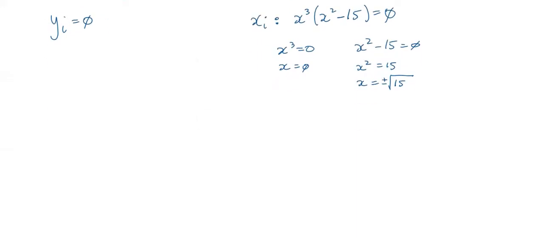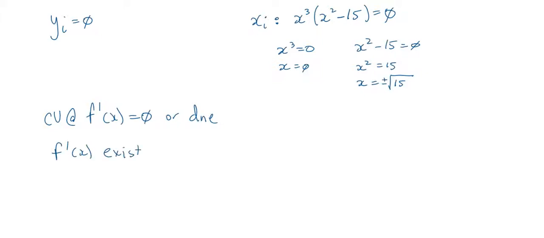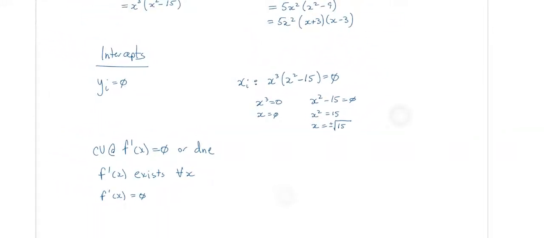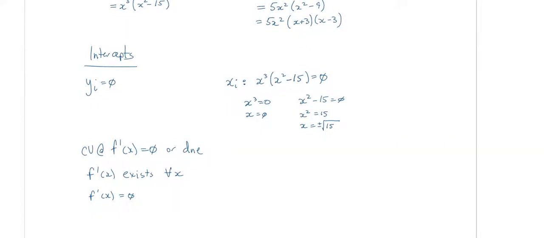Critical values. Again, it's polynomial, so it exists everywhere. So where does it equal 0? Now I'm looking at the derivative.